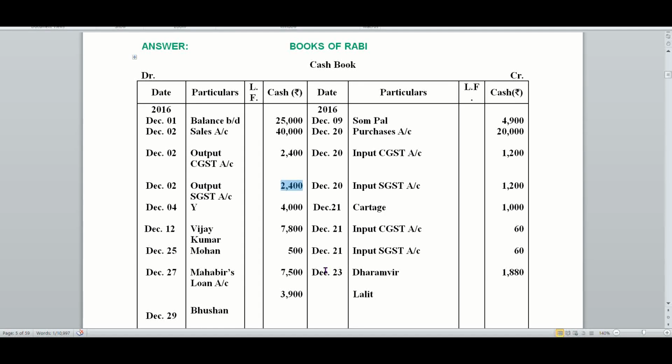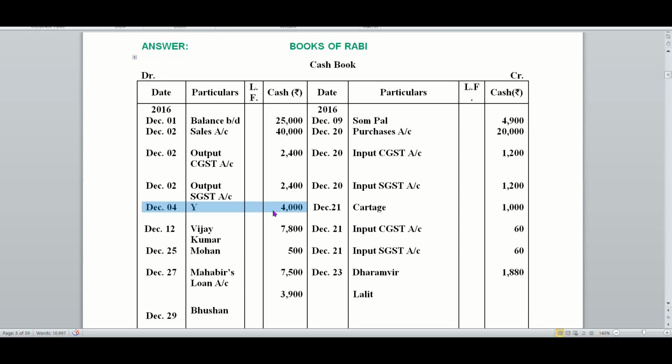Only Y's name will come. And money is coming to the business. So cash account debited to Y account. This is your 4,000 on December 4.